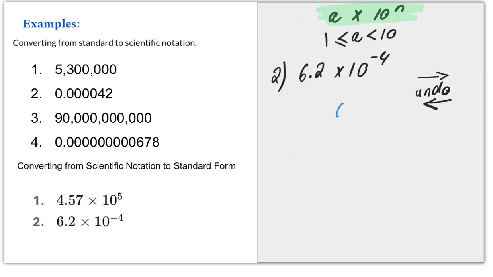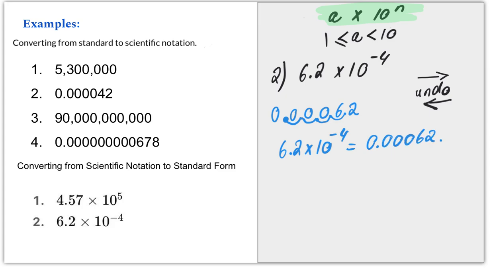So I'm going to rewrite the 6.2 in here, and then move the decimal 1, 2, 3, and 4. And I'm going to put the decimal here and write all of my zeros in there. And so you can see that this number, again, I'm going to rewrite everything so you can see, is equal to 0.00062.